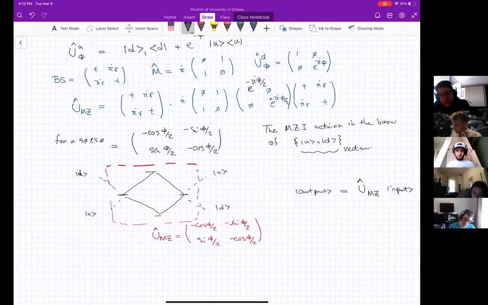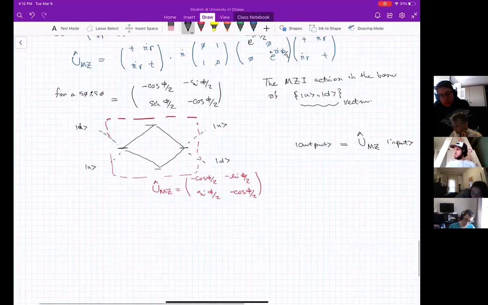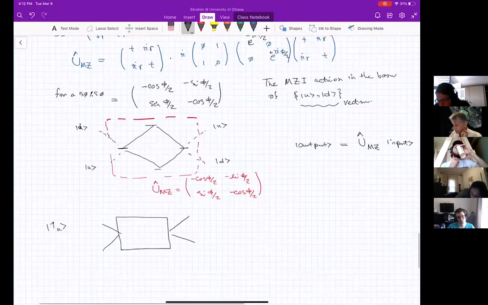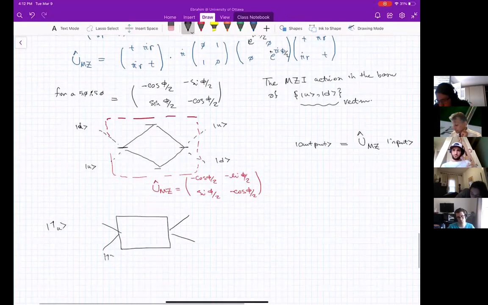Okay, so let's send one photon in the mode of up. So I'm sending one photon inside this Mach-Zehnder interferometer, which has two inputs and two outputs. What will I get as an output?